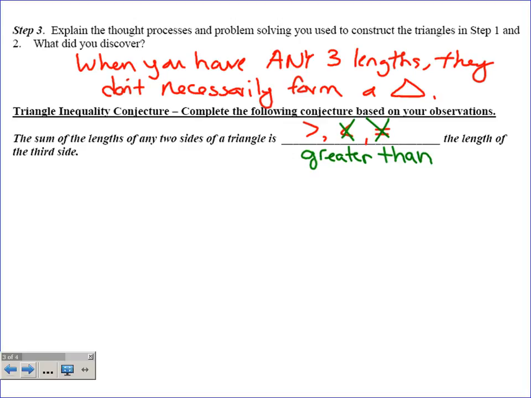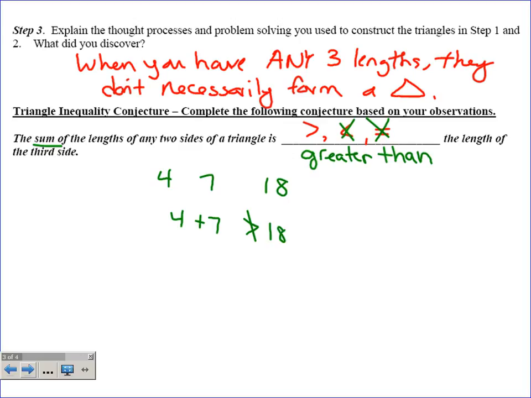Okay, so for instance, earlier I'd given you this idea of 4, 7, and 18. Why doesn't that work, using this theorem? Mitchell. Okay, so right, it says the sum of the lengths of any two sides. So 4 and 7, well, they're not greater than 18, are they? So that doesn't work.